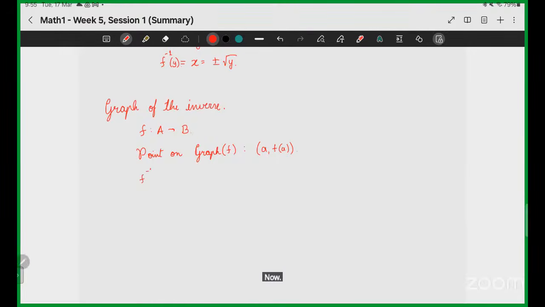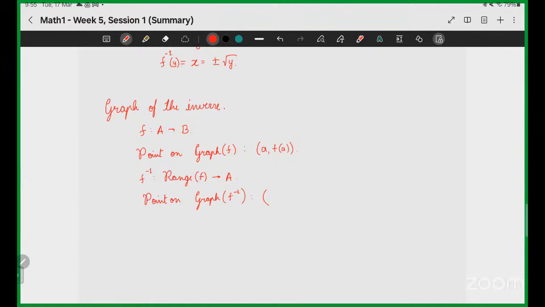Now f inverse is a map from, let's say, the range of f to A. What does a point on the graph of f inverse look like?